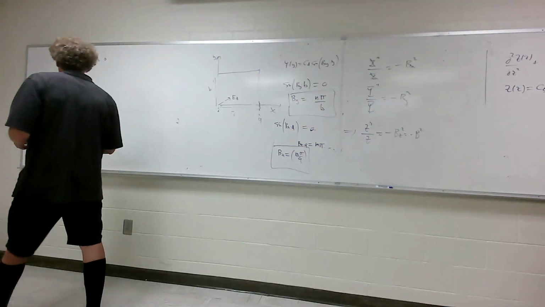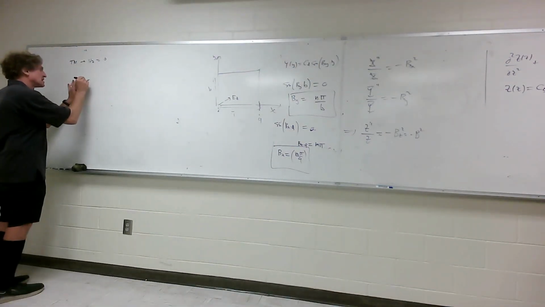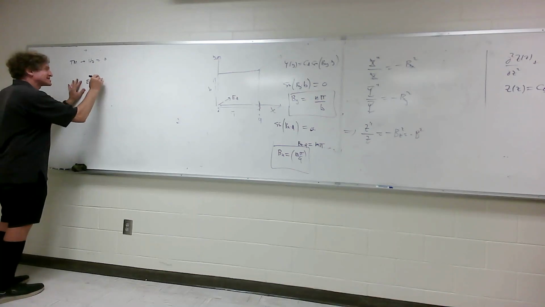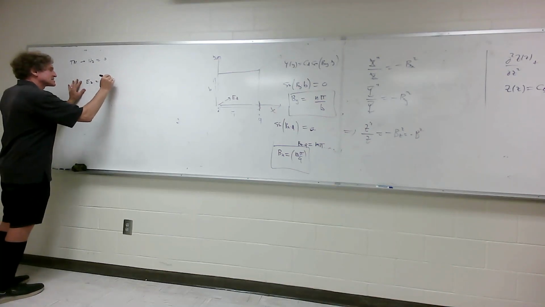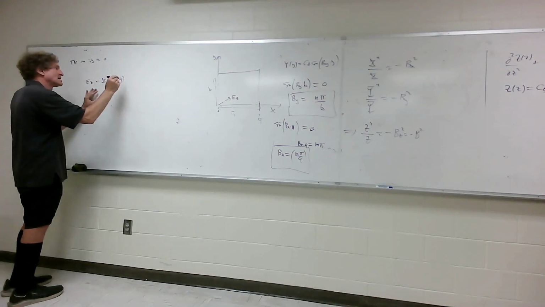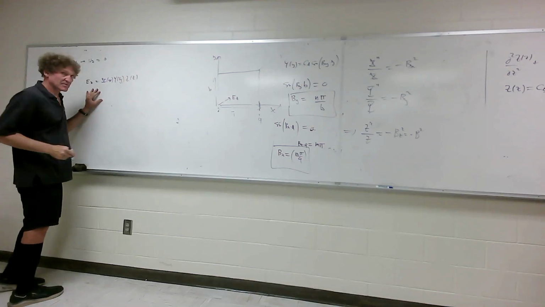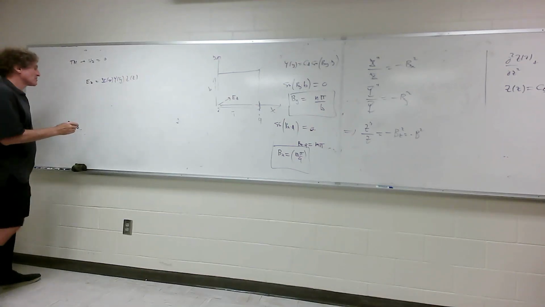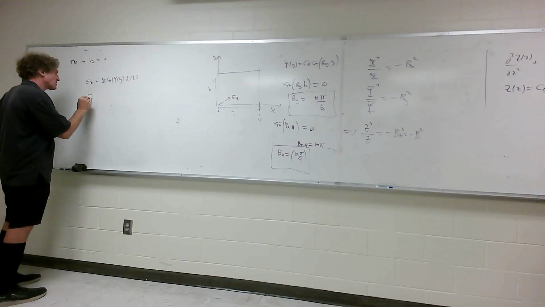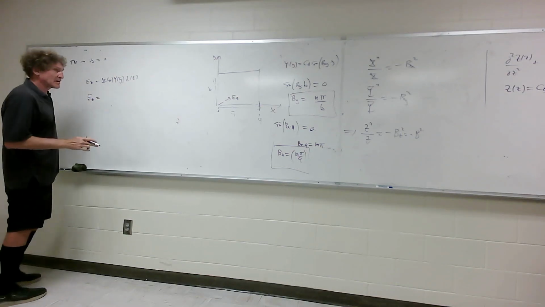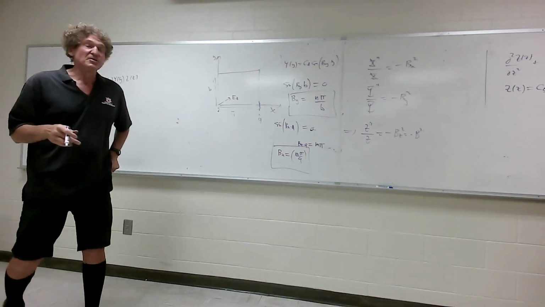So, when we look at EZ, now we know it's equal to some function x of x, some function y of y, and some function z of z, correct? What are our possible functions? Well, the constants I put in front don't matter.